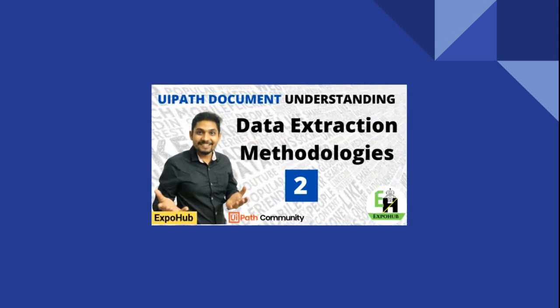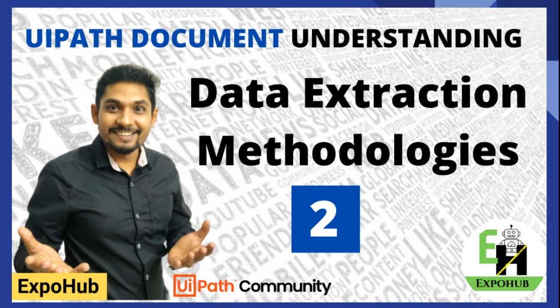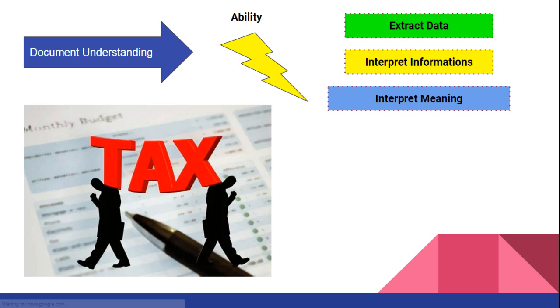So in such a case, it becomes very important for us to understand what the different methodologies are that will be used to extract that data. Okay, so let's understand. When somebody asks you what is document understanding, you have gone through the entire chapter but you are not in a place to explain it. So what is document understanding?